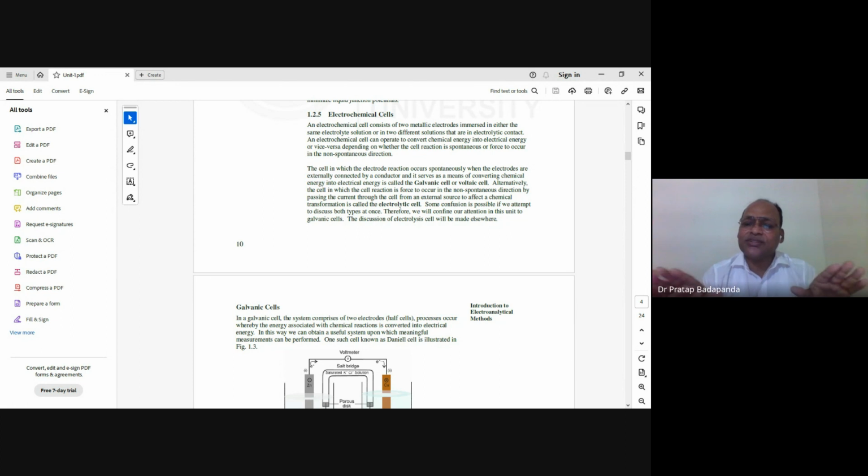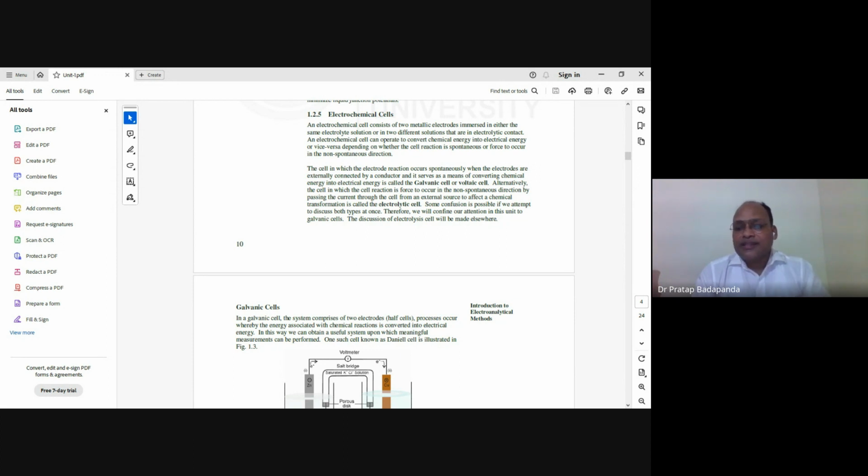Zinc behaves as anode and copper behaves as cathode, as in the galvanic cell.